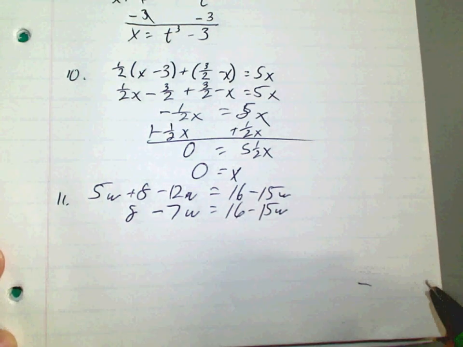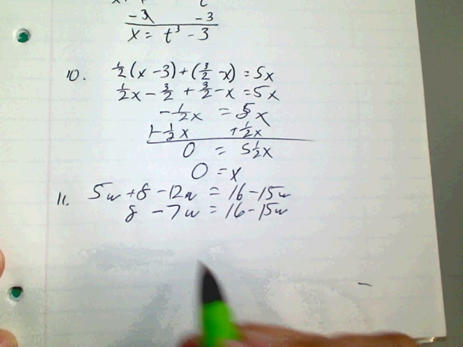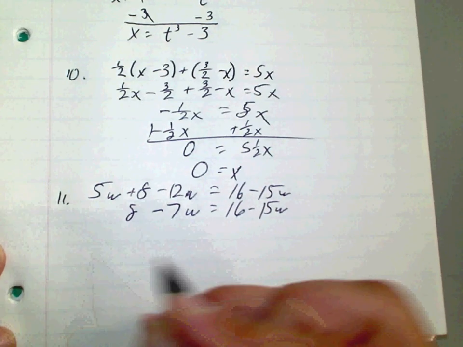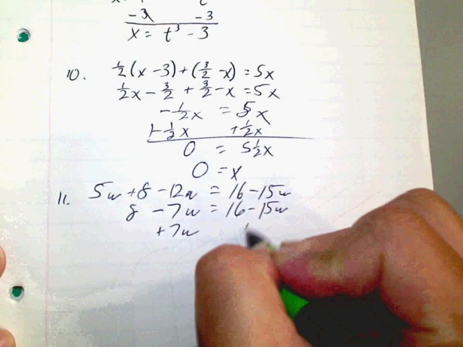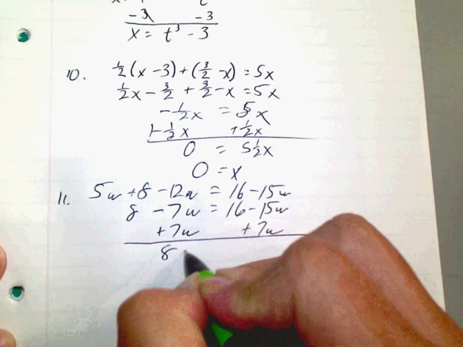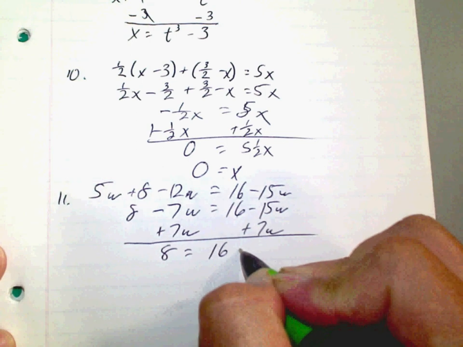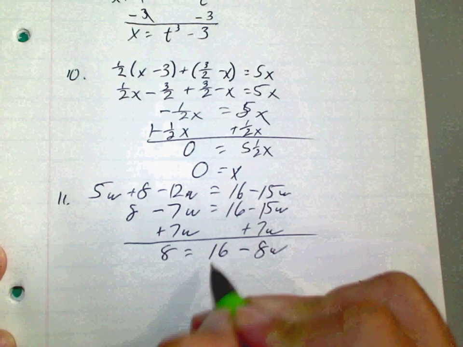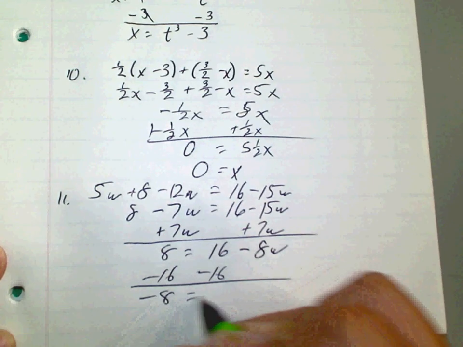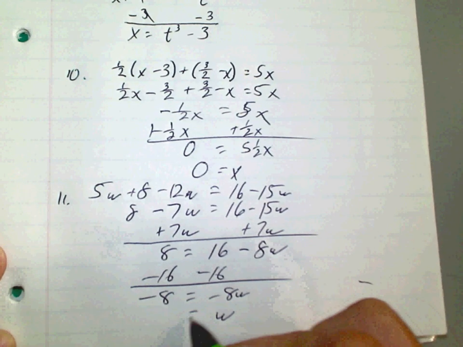Jack, which way do we want to take the W's, to the right or left? To the right. Add 7W. So we have 8 equals 16 minus 8W. Then I guess we'll subtract the 16, right? Negative 8 equals negative 8W. I bet W equals 1.